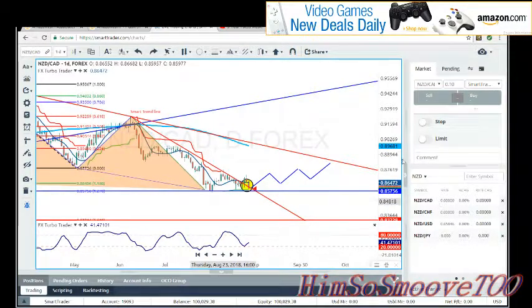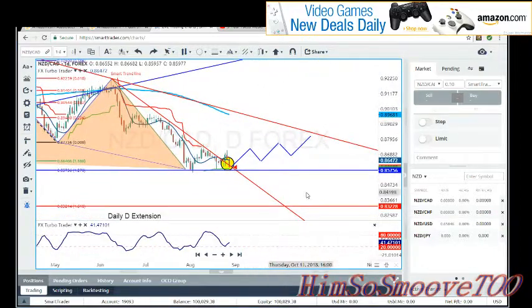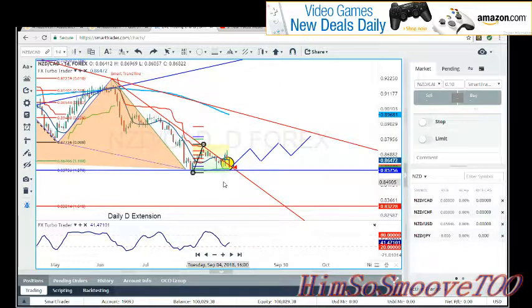So what we want to do is, we can kind of gauge where the market will want to go, bring in a smart fib at this low point. And right now you have an 8-6 retracement.